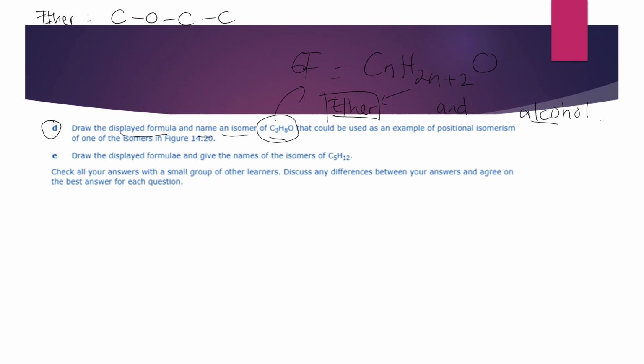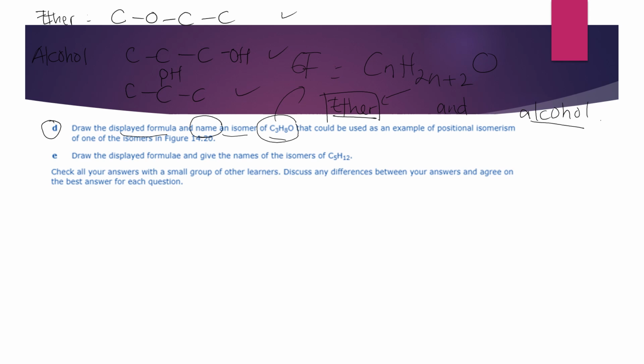For alcohol, C, and then the functional group OH, or the OH can be in the second position. You just choose one of the 3 isomers and then draw the hydrogen. Don't forget the name.